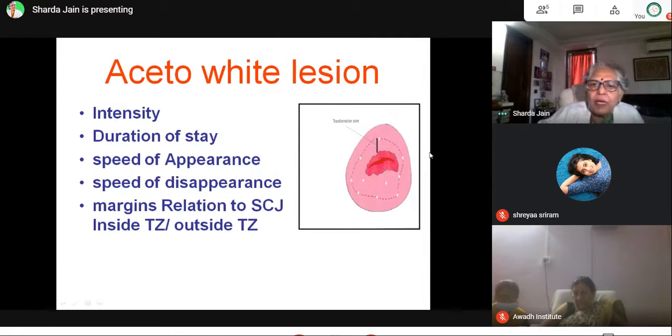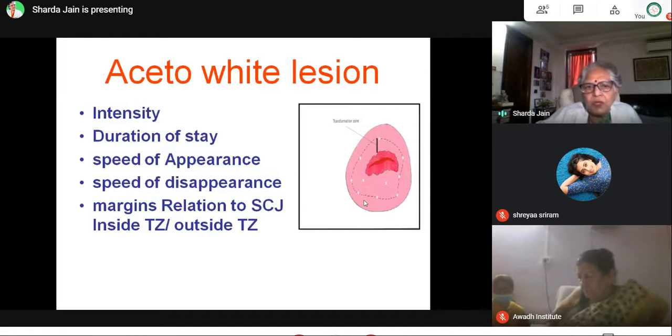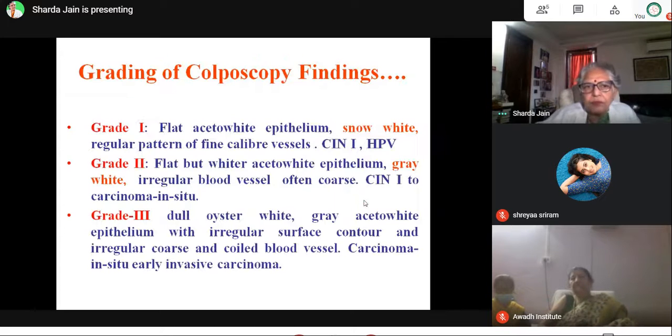Again you have to see the transformation zone, which will stand out because of the gland openings, if you join them. You have to look at the intensity in three grades, the duration of stay, the speed of appearance, the speed of disappearance, and the margins related to the squamocolumnar junction, whether they are inside or outside it.